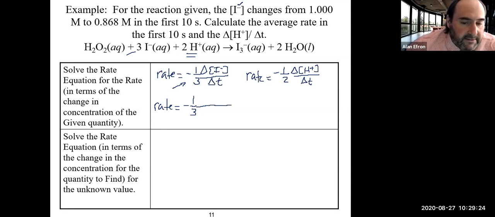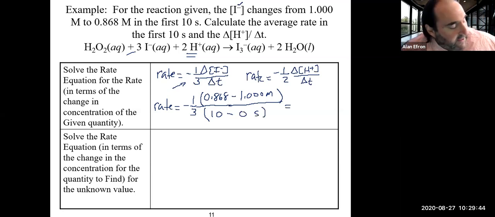Now, I minus concentration, final concentration is 0.868. Minus is initial, which is 1. And we're doing 10 seconds, so final time 10, initial time 0.